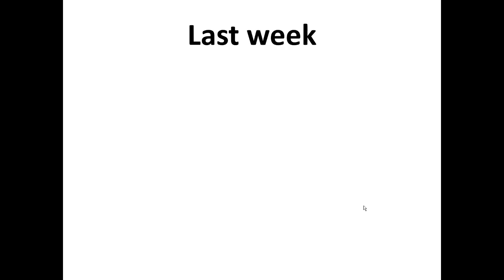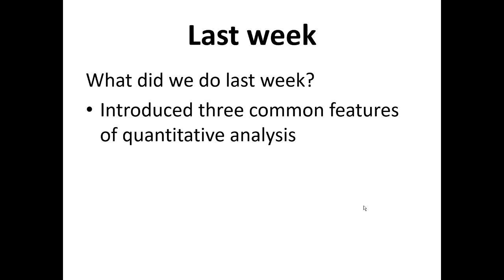As you may or may not recall, last week we introduced 3 common features of quantitative analysis. We first talked about histograms, which can be used to describe more generally the shape of the distribution of our data, at least for interval and ratio level data.